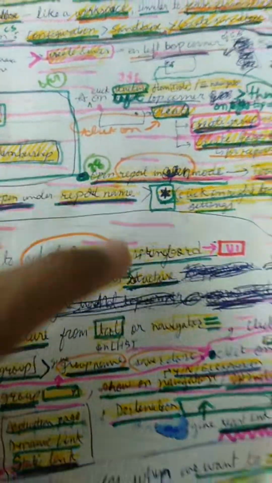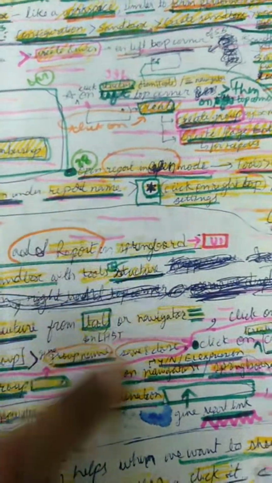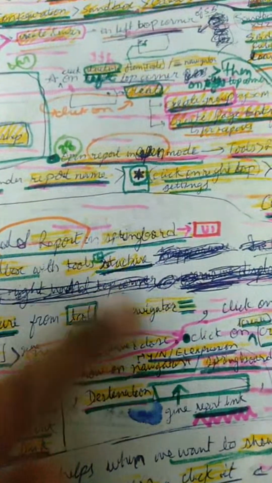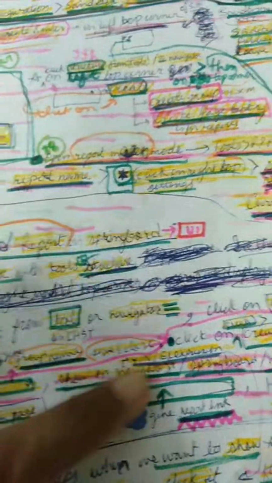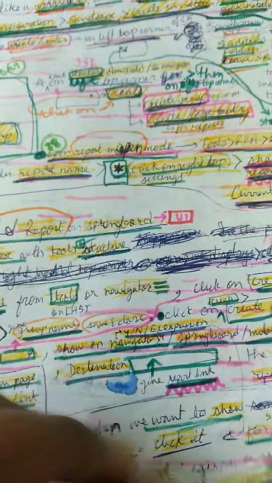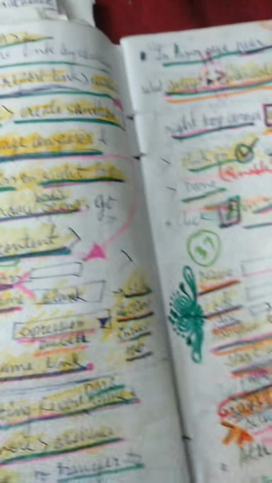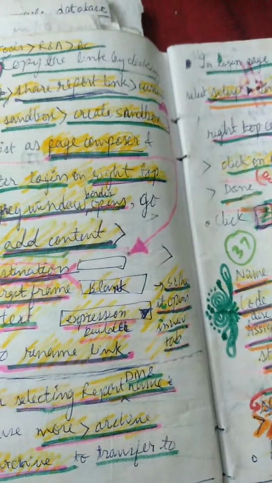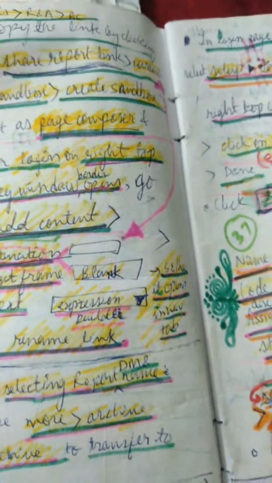Under the structure it will also show which reports have used this tool to make changes. So all the report list will come, and we'll click on that report for making the changes. Done.